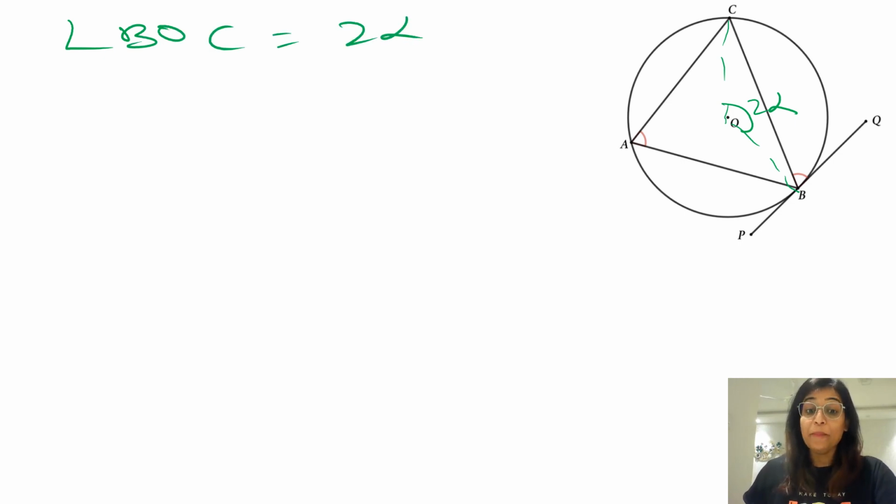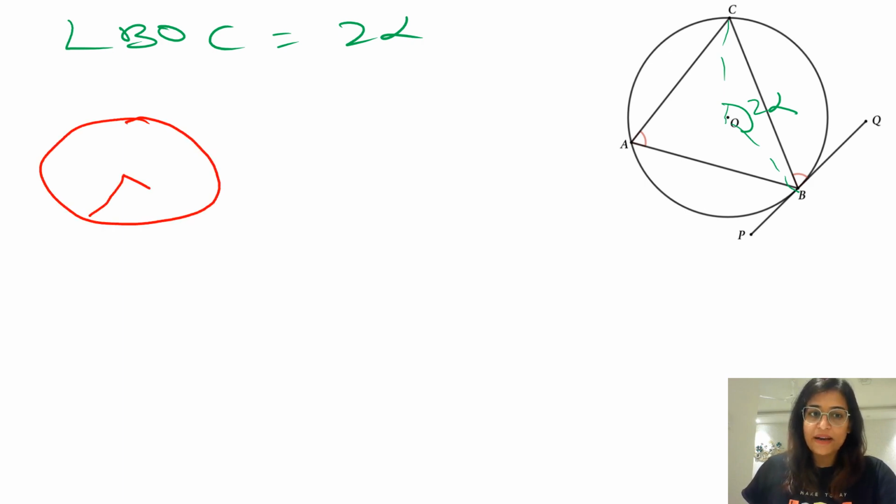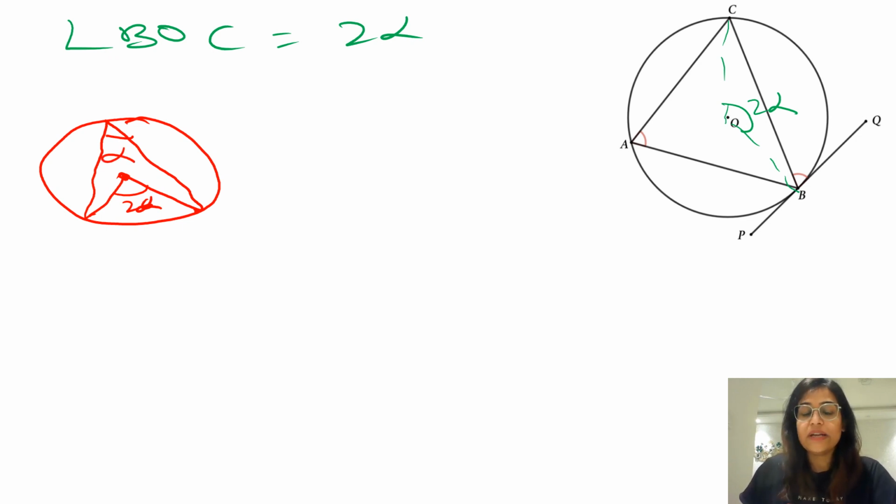We know a very amazing result in the circle: the angle made by an arc at the center is always double the angle made by the same arc on the circle in the same segment. So if this angle is 2 alpha, this must be alpha. Applying the same theorem here, angle BAC will be half of angle BOC.